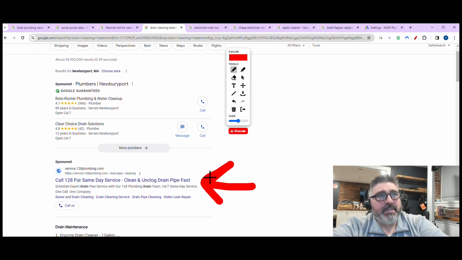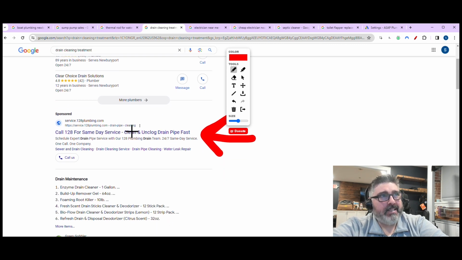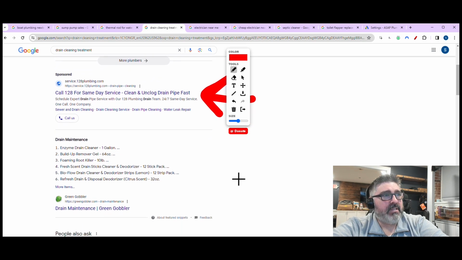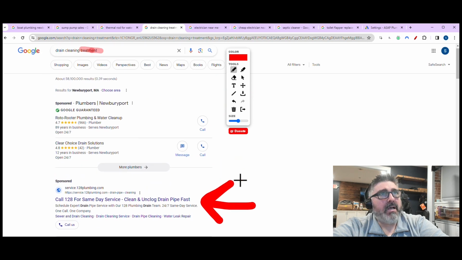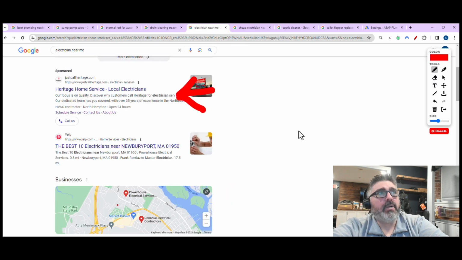It's actually more expensive than the broad plumbing terms. Everybody wants to be part of the drain cleaning and sewer replacement business out here. So that click can cost anywhere between $80 and $110. So that's a budget bleeder. And you can see that Google is even triggering LSA for this type of term. Okay, let's take a look at another one.